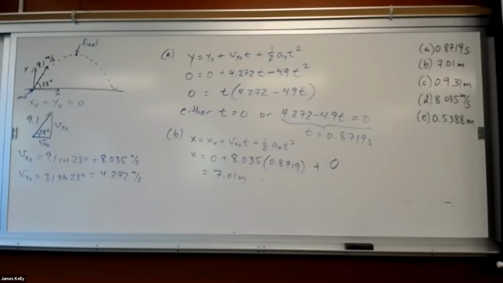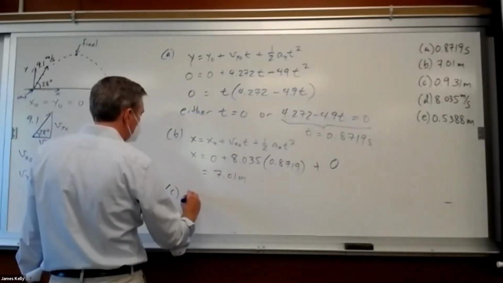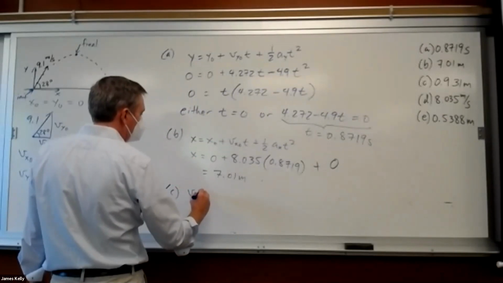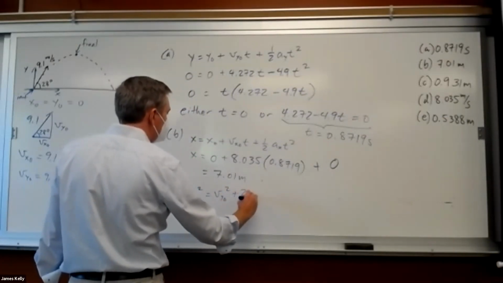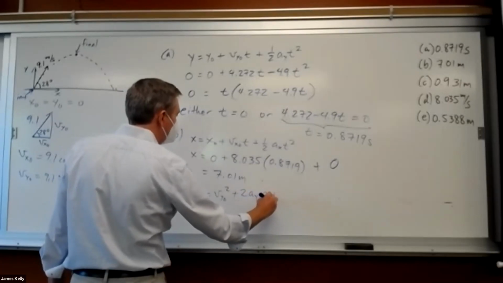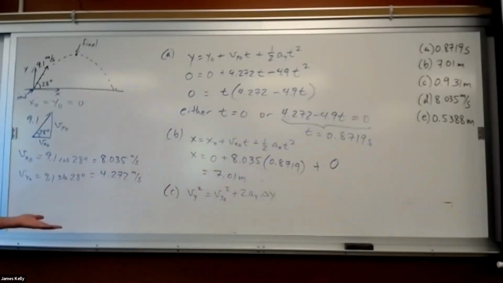Or I could use 3 just to mix it up a little bit. Let's use the third equation. Vy final squared equals Vy initial squared plus 2 ay delta y. In this case, delta y represents how much you go along the y direction in between initial and final.